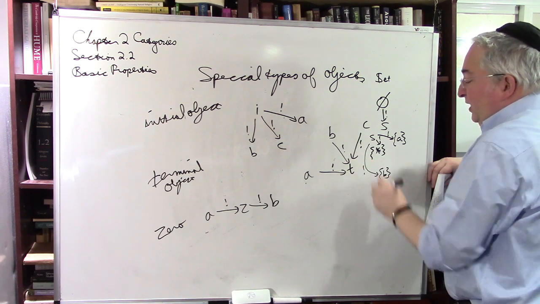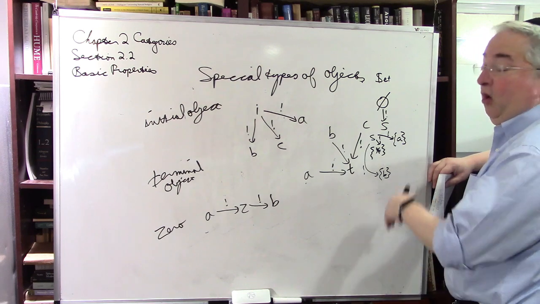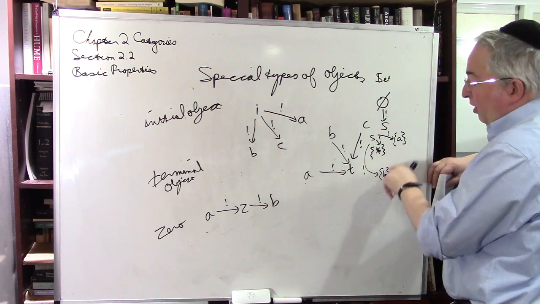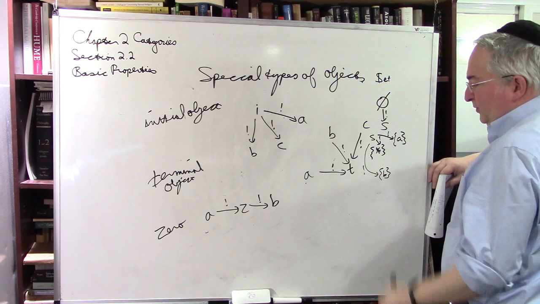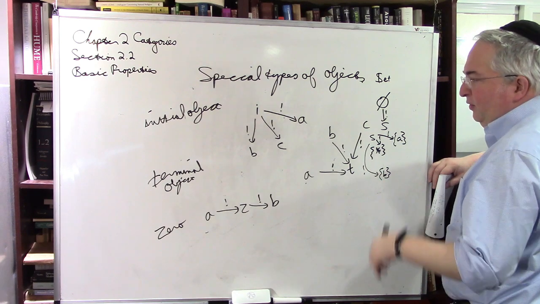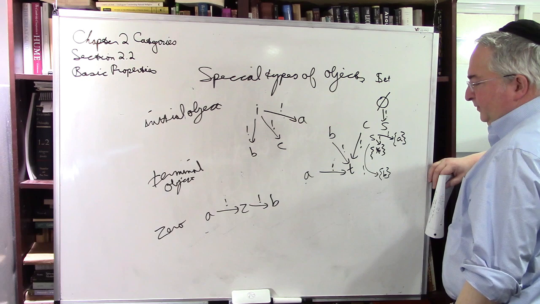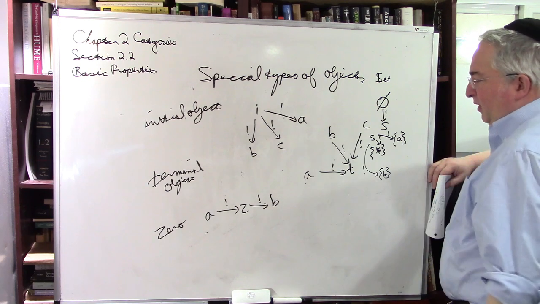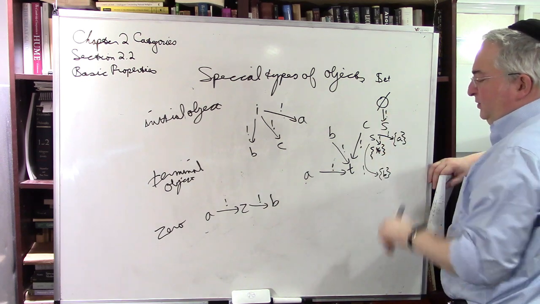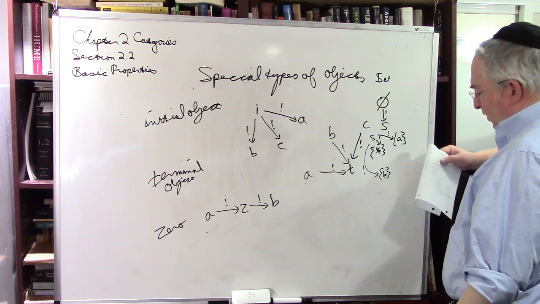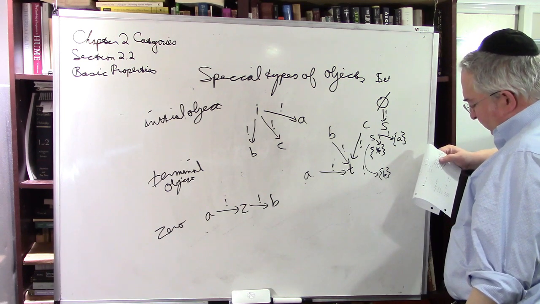In fact, in the category of sets, there is a whole class of terminal objects. Any one object set is a terminal object. In Set, there is no zero object. The empty set is not the same as a one object set, therefore there is none. Okay? Let's talk about something else.